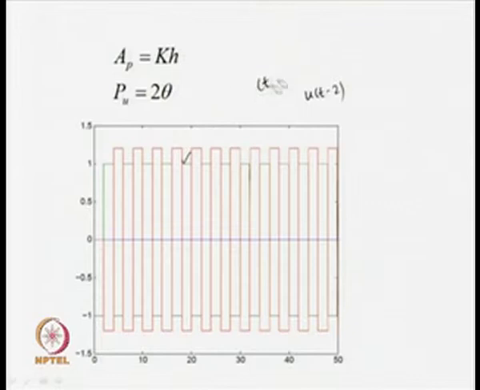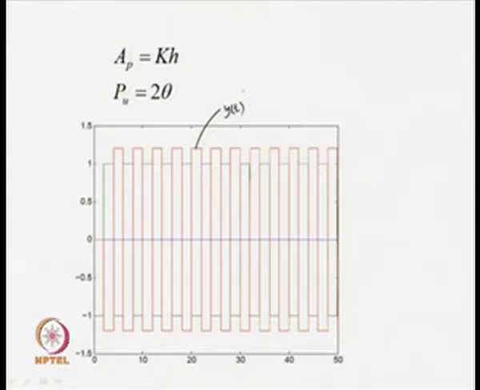Now, can we find some relationship between the system parameters and the waveforms we get from the system? So, this is the output of the system, the red one is the output y(t). Can I establish some relationship between the parameters of the system and the output waveform of the system?